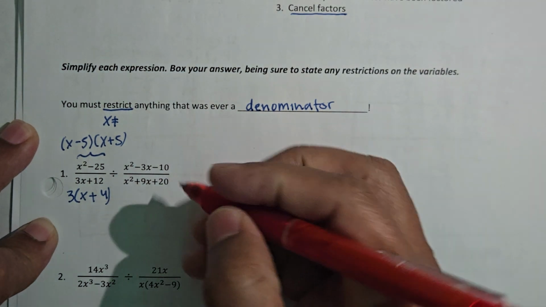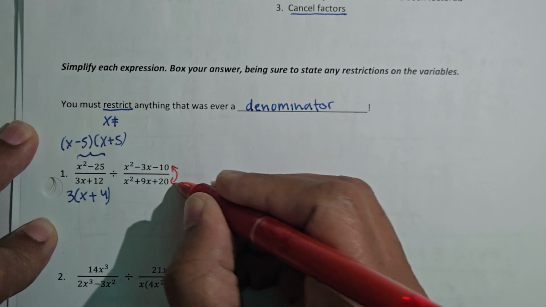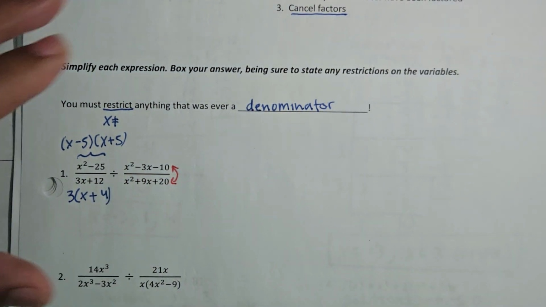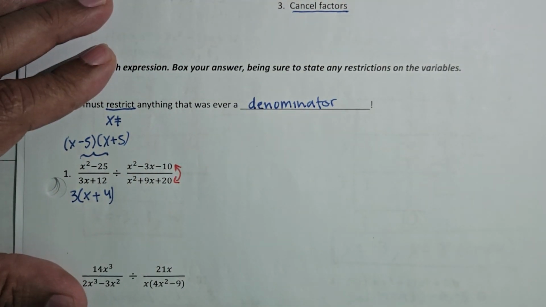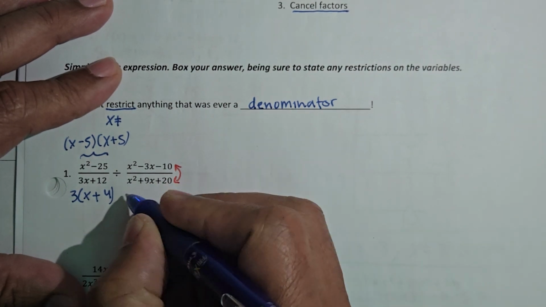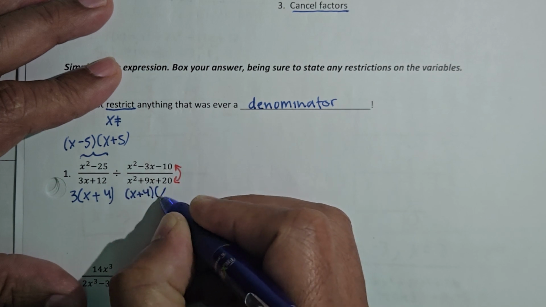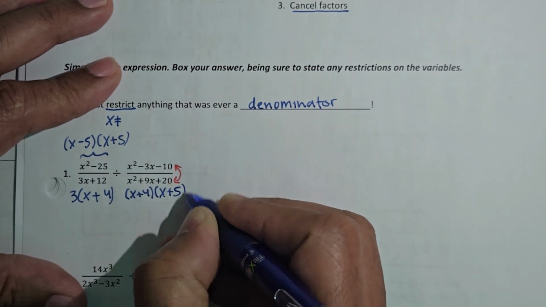Now for this one here, I'm going to flip it, which means I'm going to reciprocate those two. But I can also factor this one. Multiples of 9 that add up to 20 are 4 and 5, so this factors as x plus 4 times x plus 5.